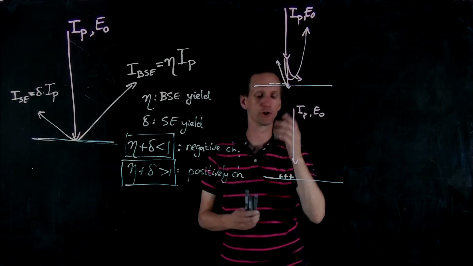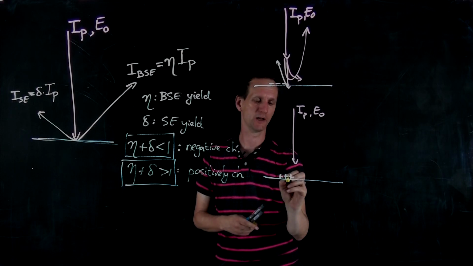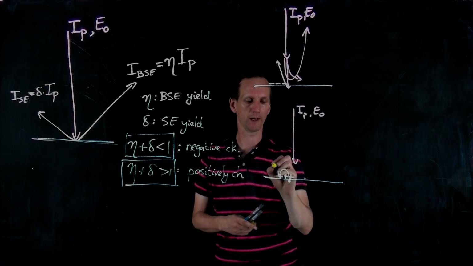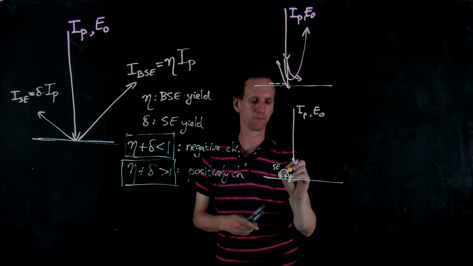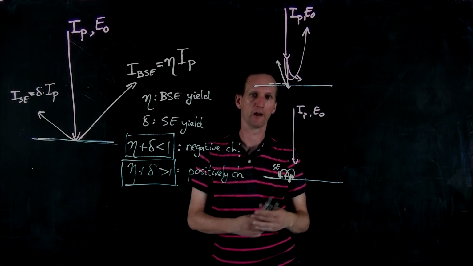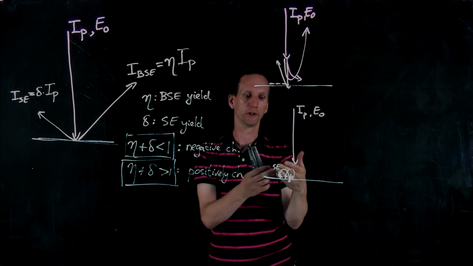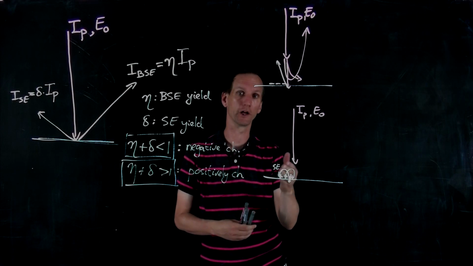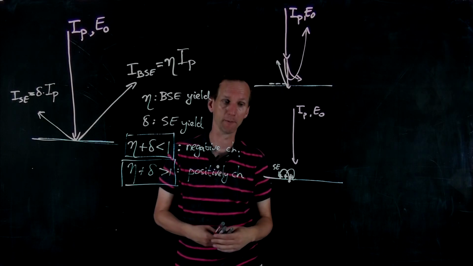And in this case, of course, the first thing that happens is that any secondaries that may want to exit the sample will be pulled back towards the sample. So less secondaries may be emitted from the sample than if there was no positive charging. So typically this leads to a darkening or a blackening of our image.